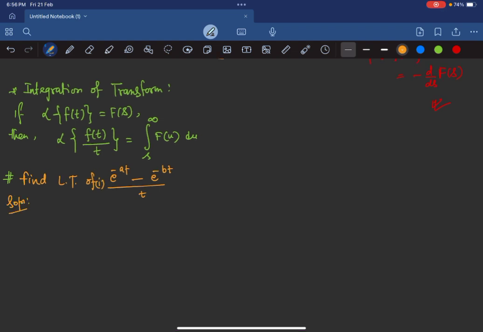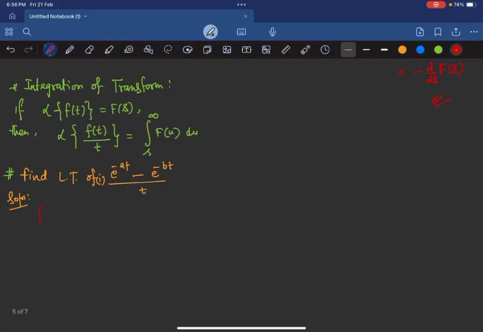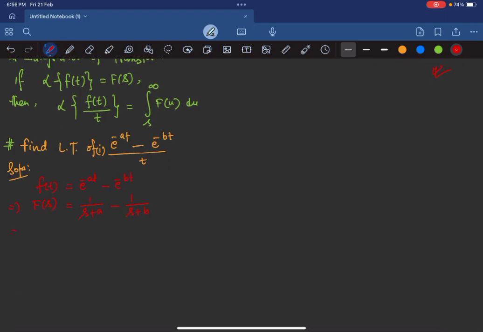See the solution. Here, suppose the function f(t) is e^(-at) - e^(-bt). So you know that F(s) will be 1/(s+a) - 1/(s+b). So from here, we need the Laplace of this f(t) by t.